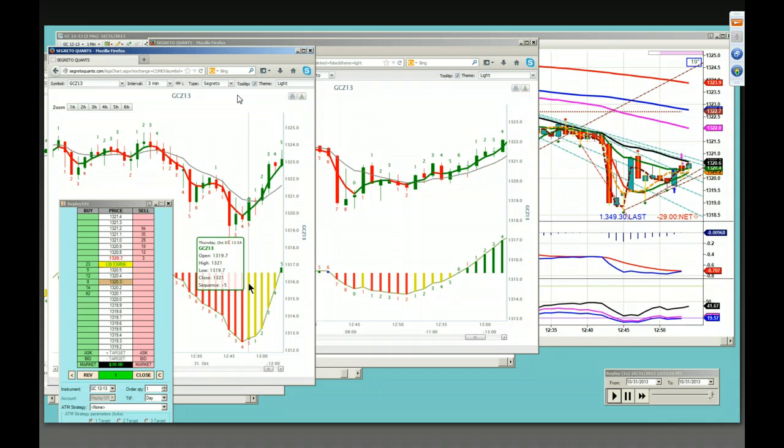But the fact that your HMA has changed to green and the yellow's there tells you per the 3-minute chart that the downtrend has fizzled. And because the downtrend has fizzled, we're now in the developing trend. There's enough counter trenders going on in the market to give us our matchy to guarantee our fill.